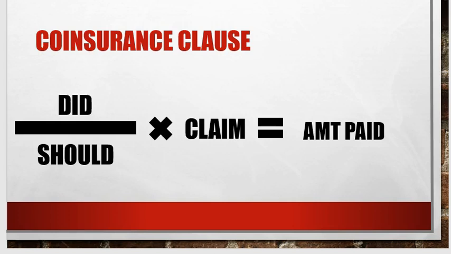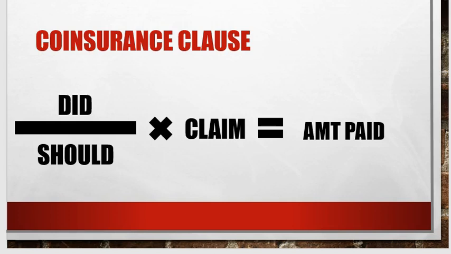So the formula for determining the amount paid for a penalty is the formula that you're looking at now. Did over should times the claim will equal the amount paid out for the claim. Did is the amount that you did insure the property for.